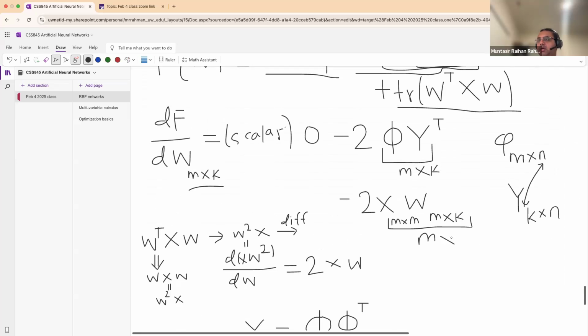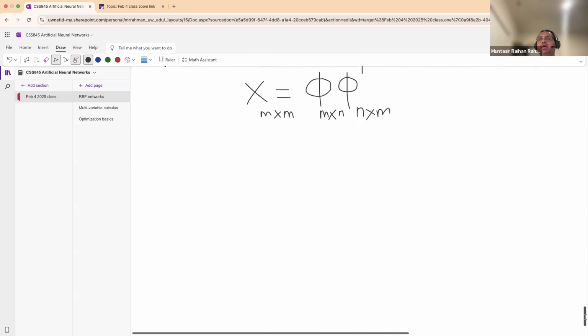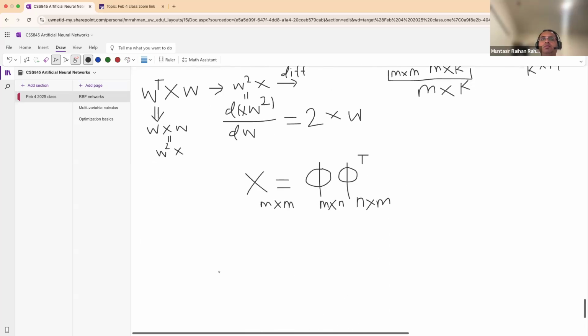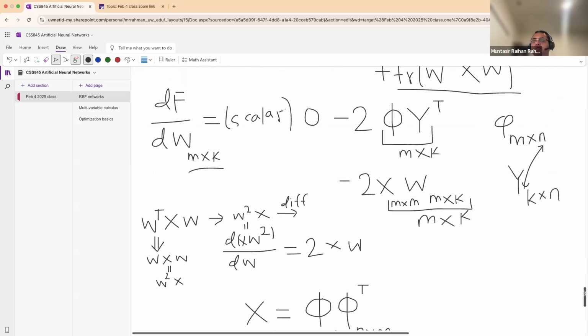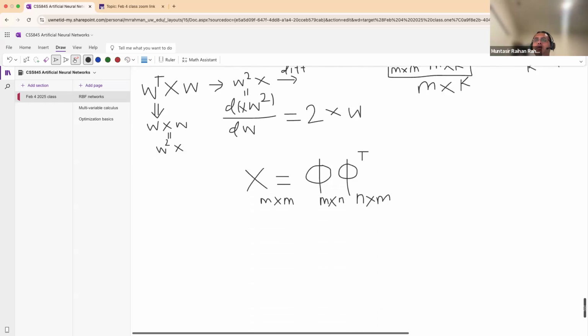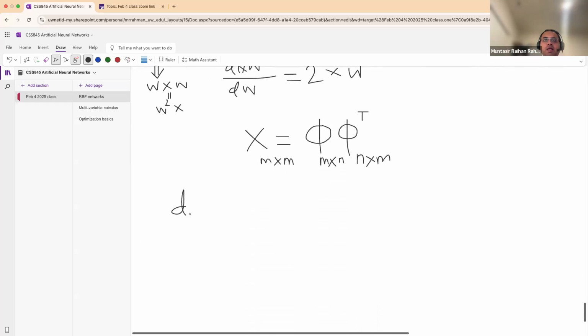So I think we are good here. Okay. So now we've elevated them back to matrices, and now we have a proper matrix equation. And now finally our equation is, let me just check if I have everything correctly so that I don't mess it up. 2x phi y transpose. Okay, I'm good. So now I have my final equation.